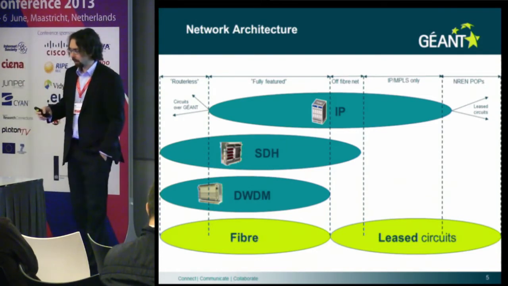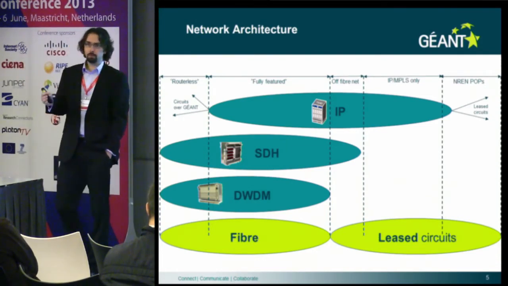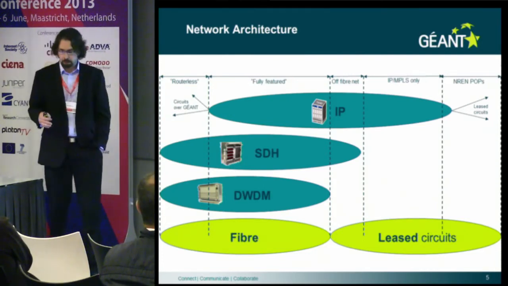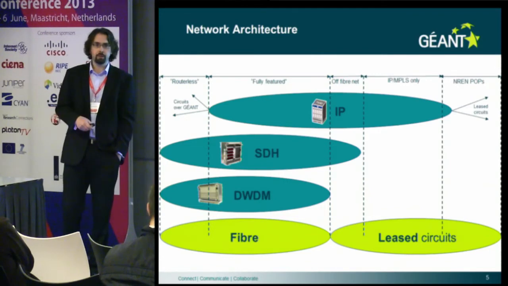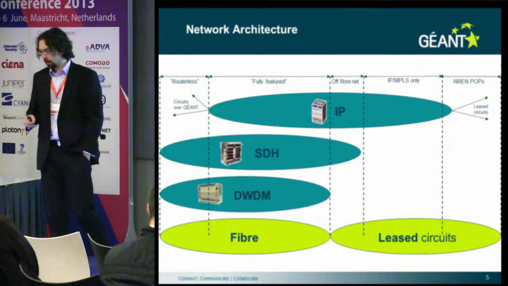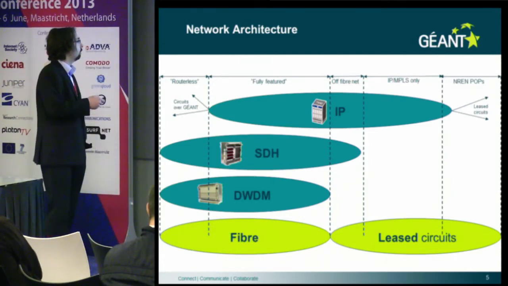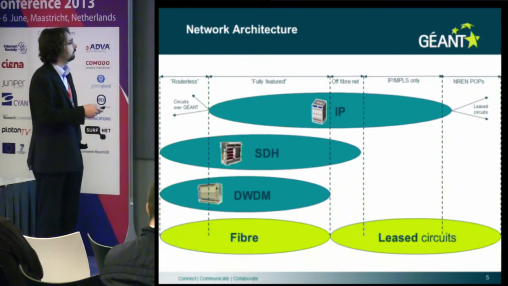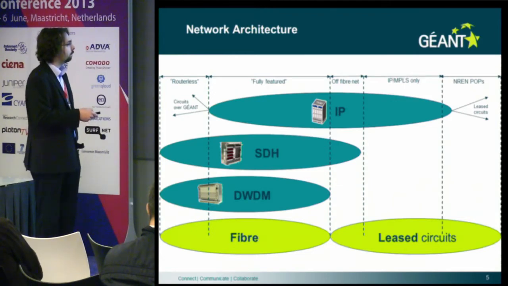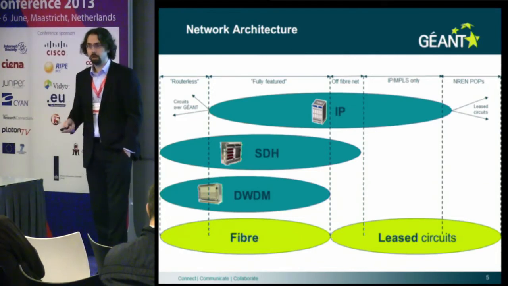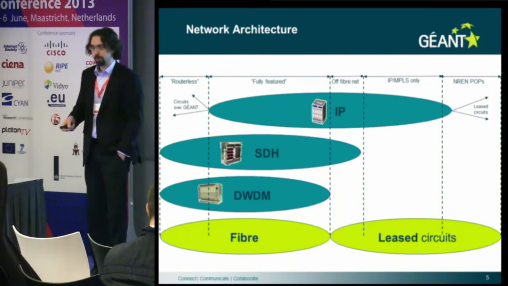So in the past, we had a very three-tiered approach where DWDM at the bottom, we had layer 2 services offered over SDH, and finally IP services on top. But as you can see, we had some differences, and especially here, IP MPLS only, we couldn't offer the layer 2 services.